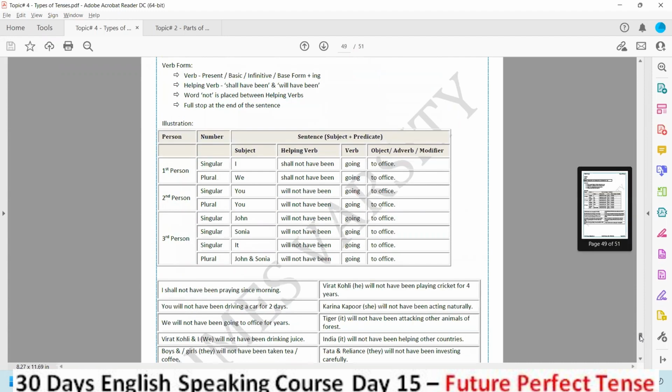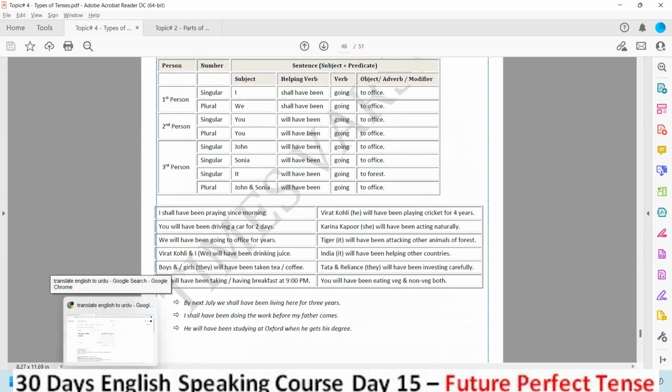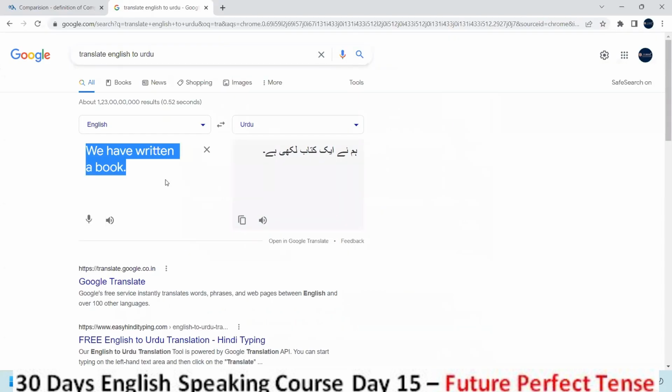Okay, so now let me put the translation. All right.